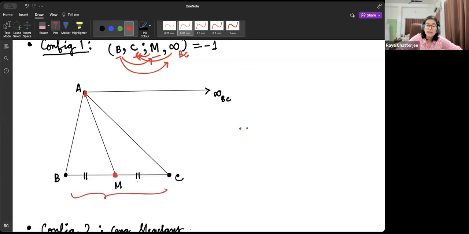But there's something you should look out for: in order for them to be harmonic, you can't just say that it is equal to 1, because if it was equal to 1, then either B would have to be equal to C or M would have to be equal to infinity. But that's not the case, right? So we always say that this is equal to -1. In essence, when is it equal to -1 and when is it equal to 1?